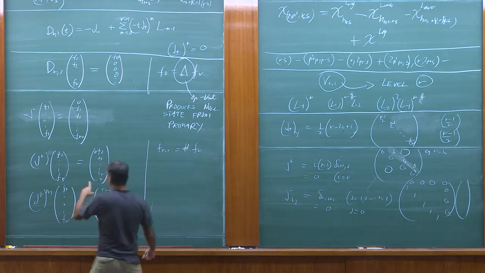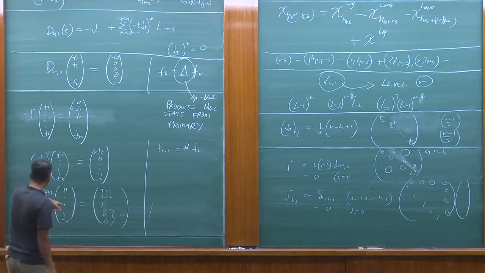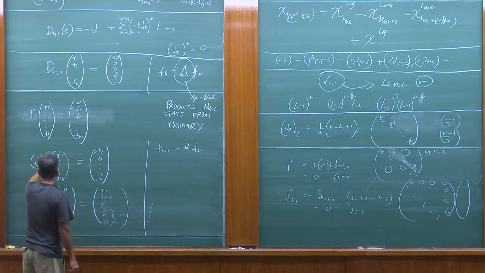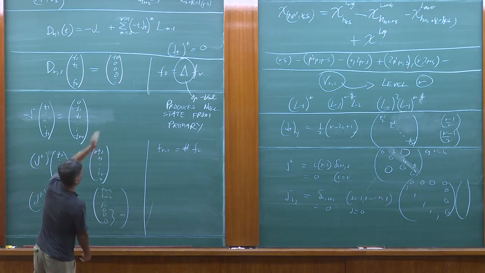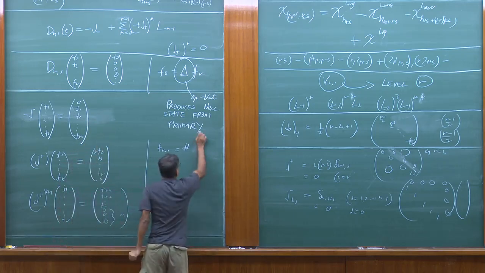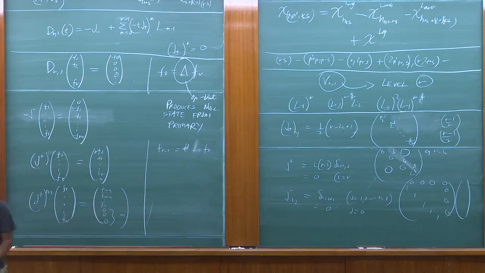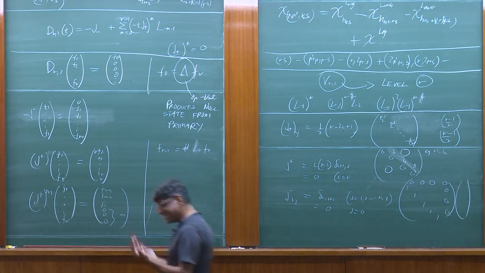Except that we have to keep track of the L's. Since the only one that contributed here was m equals 0, there we get L minus 1 on Fr. Is that clear? Now let's look at the second last row.